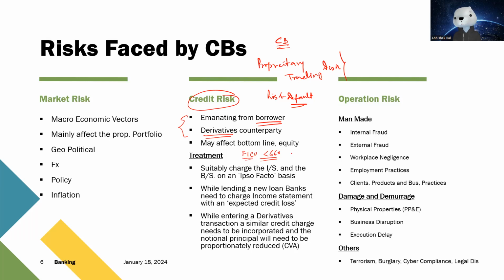In India, FICO is replaced by something called CIBIL. Here also, the borrowers who have a prime credit history, the good borrowers, would have a FICO score or CIBIL score upward of 650. A sweet spot CIBIL score of 750 is something that every bank would want to deal with as far as their customers are concerned.